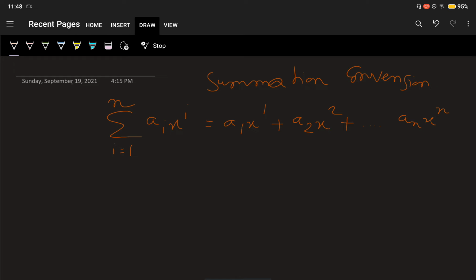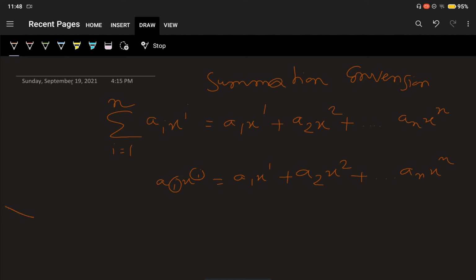So to get rid of the summation, we write a_i x^i equal to a1 x1 plus a2 x2 and so on to an xn. This is called a dummy index. The dummy index is an index that occurs twice, once as a lower index and once again as an upper index.